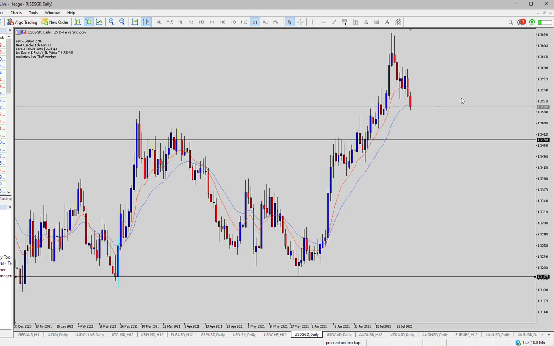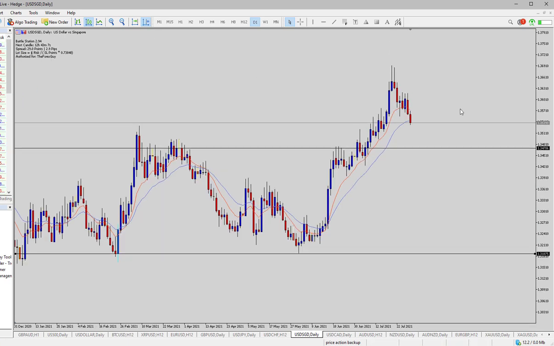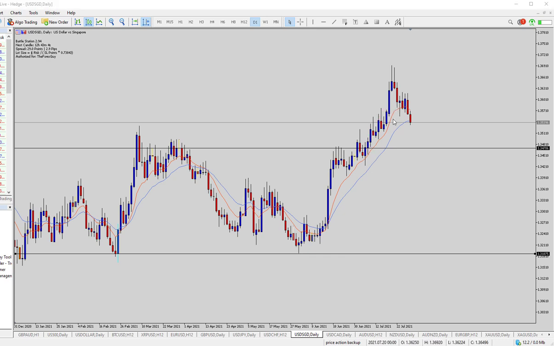So if we go to the daily, we can see that there's the breakout of the range. What I'd be looking for with a breakout of a range is just signs of strength above the breakout event. So the breakout event obviously is the breakout of the range here. I'll be looking at signs of continued strength above the breakout event to prove that it's not going to be a fake out and the move is going to be sustained and it's going to turn into something.